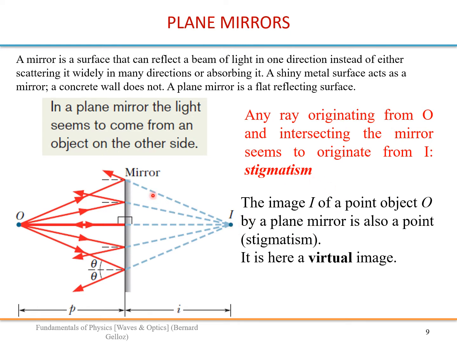So in this case, I is virtual, doesn't exist for real, but in some other case, for a lens for example, you may have that I is real. So the point where you have stigmatism may be real.